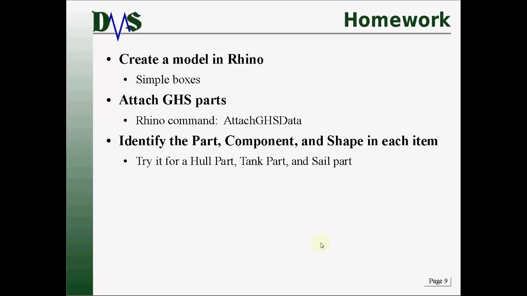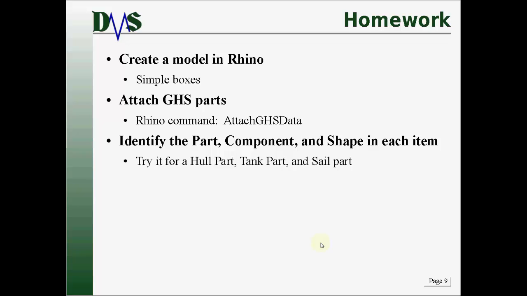And it actually understands the concept of shapes feed into components, which feed into parts. So you can add geometry into the attached GHS command, and Rhino will already set up that structure of parts and components and shapes.